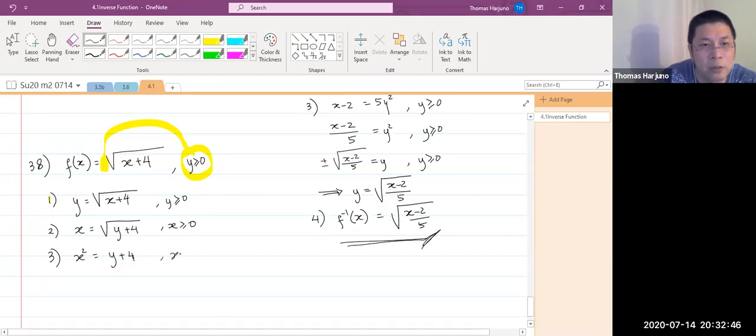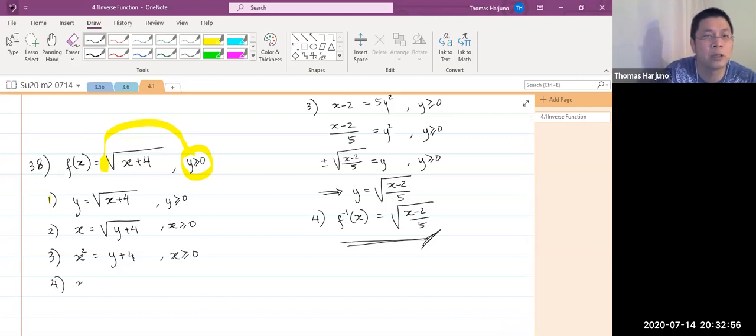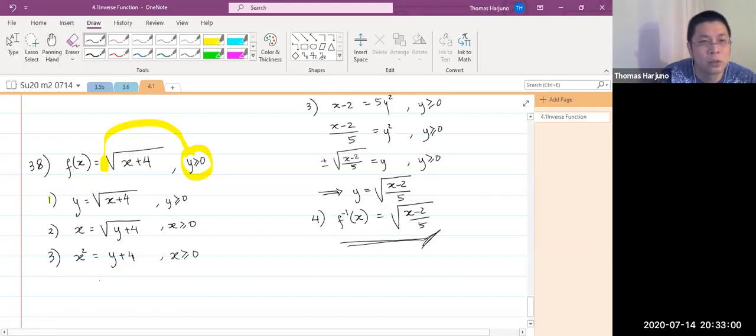Do you notice that? Right? Okay. Sorry, I'm not done with step 3 yet. So x squared minus 4 equals y.